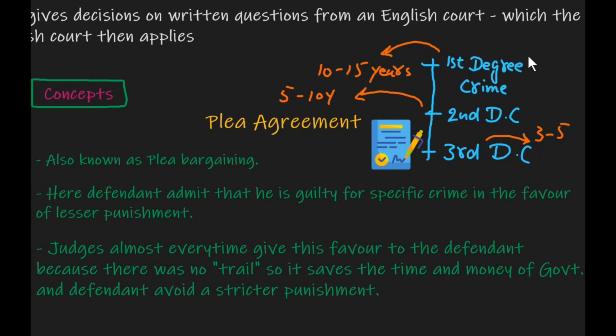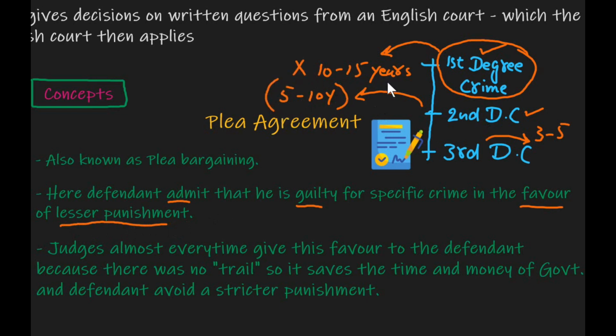Now the person who committed the crime falls in one of these categories. Now I am assuming he committed a first degree crime. According to plea agreement, he admits that he is guilty of the specific crime, and as a favor he asks for lesser punishment. Then the judge may give him less punishment, let's say 5 to 10 years instead of 10 to 15 years, because it saves the time and money of government, because no trial is conducted in this case.